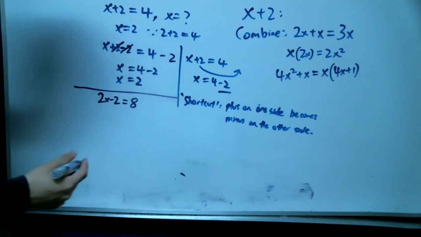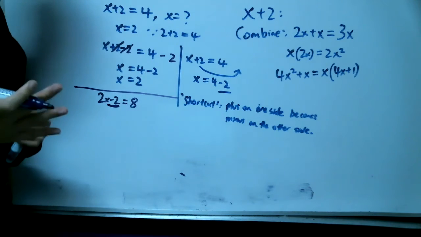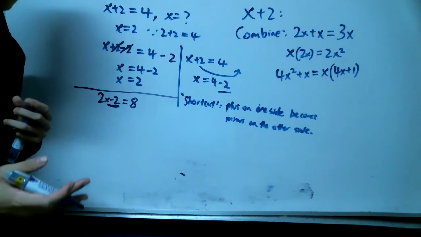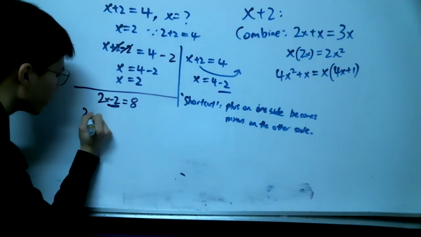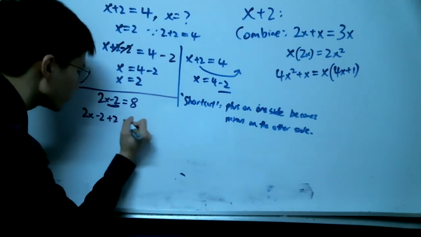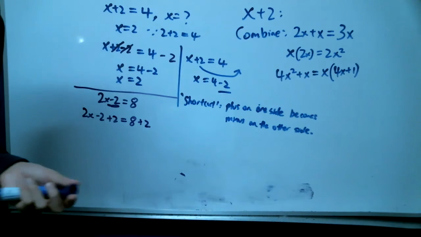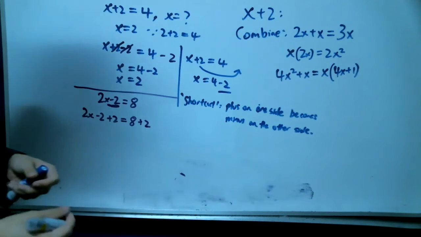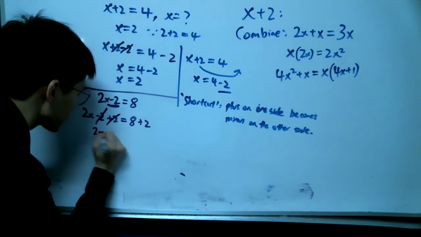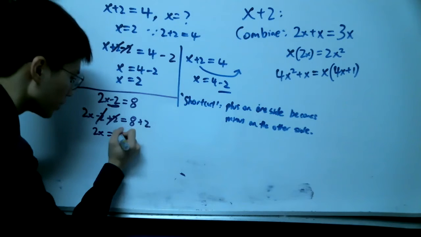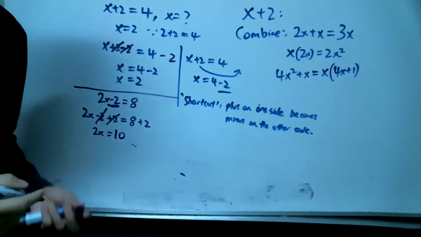The first thing we do is cancel this minus 2 by adding the opposite operation of minus to both sides, which is plus. That means 2x minus 2 plus 2 equals 8 plus 2. This gets rid of my minus 2, or you could treat it as the minus 2 moved over and became a plus 2. And 8 plus 2 gives me 10.